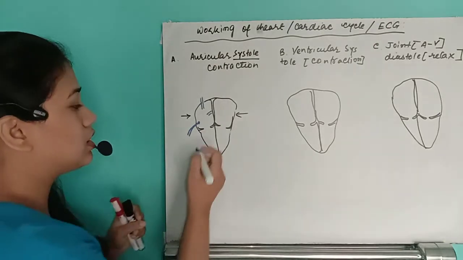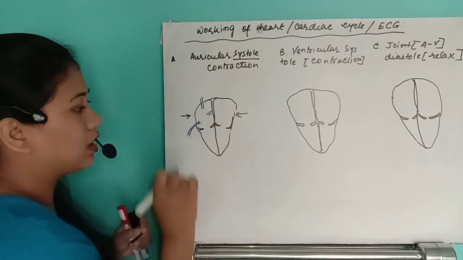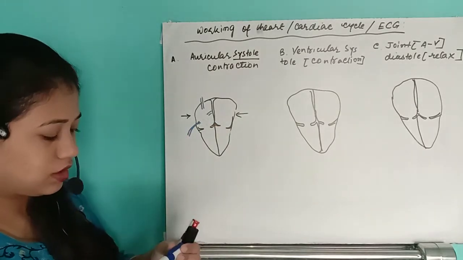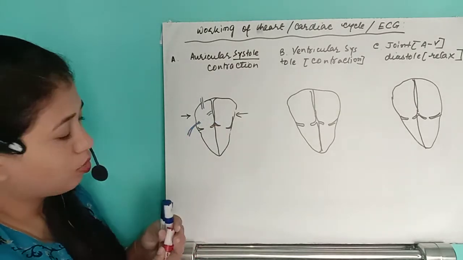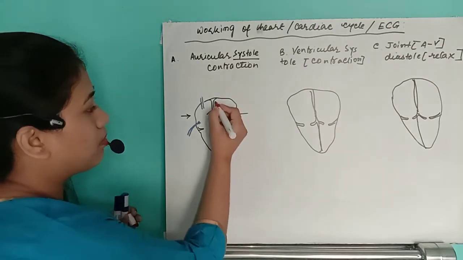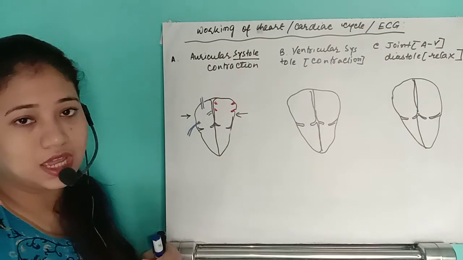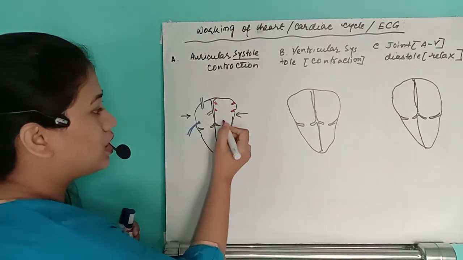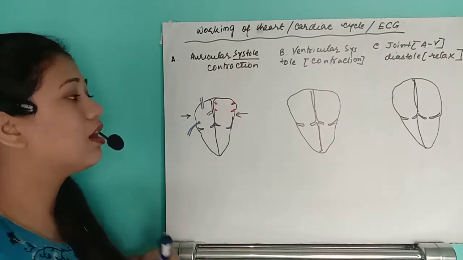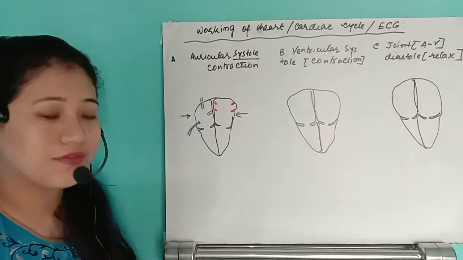So it actually takes the blood already in the right auricle, and in the left auricle all the pulmonary veins. Remember how many pulmonary veins are present? They are 4, 2 right and 2 left. So already the blood is present in the right auricle and the left auricle.